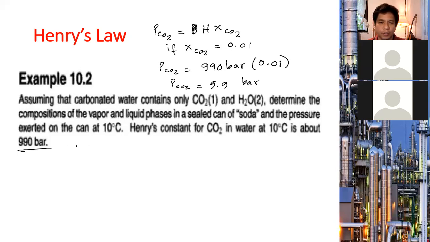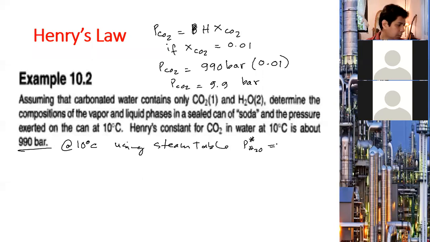Next, let's try to find yung H2O. Gagamit tayo ng steam table. At 10 degrees Celsius, kung may steam table kayo, gamitin nyo. Using the steam table, you're supposed to find P star H2O. Madali lang naman yan, dalawang column lang, isa temperature, isa pressure.